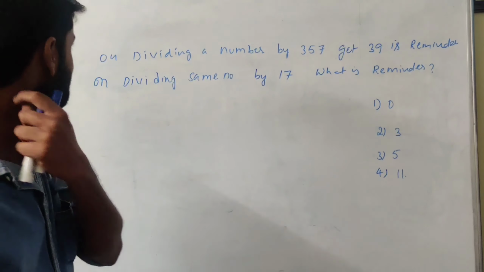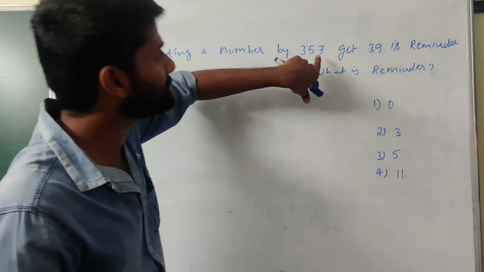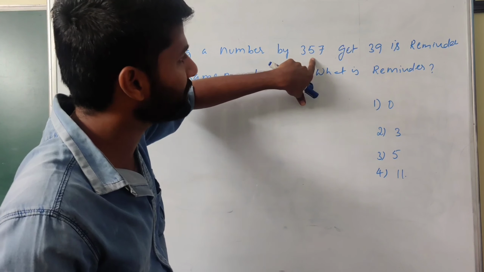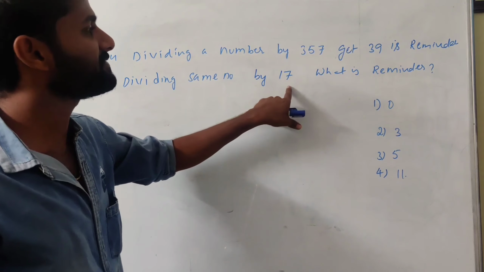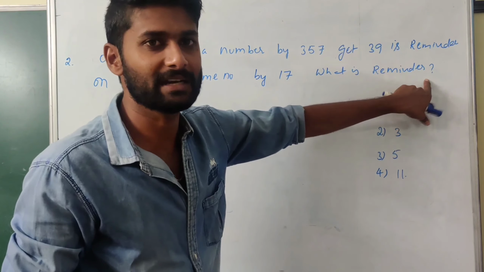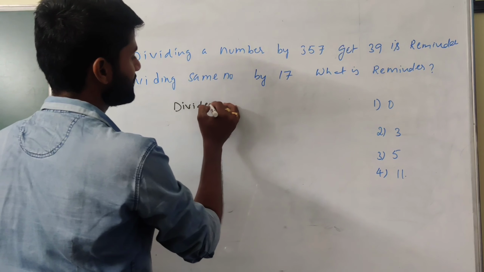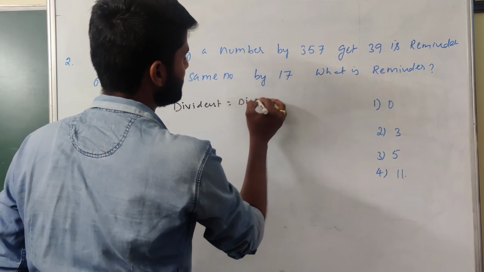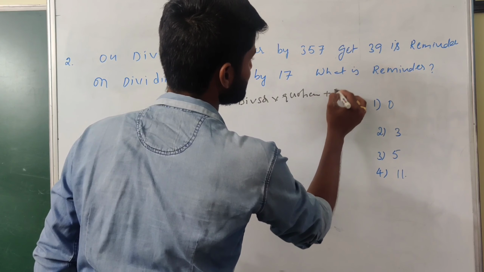Okay, then go to the second question. On dividing a number, we don't have the numerator part, by 357, we get 39 as the remainder, and the same number is divisible by 17. Find the remainder. So we know that dividend is exactly equal to divisor into quotient plus remainder.